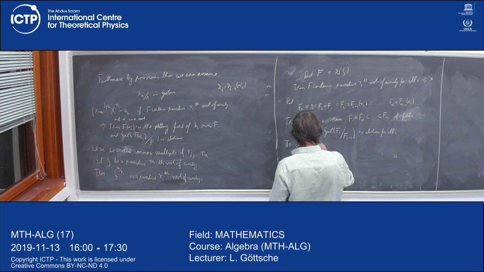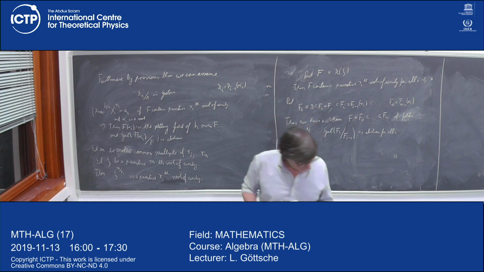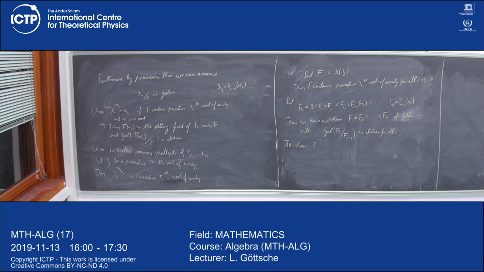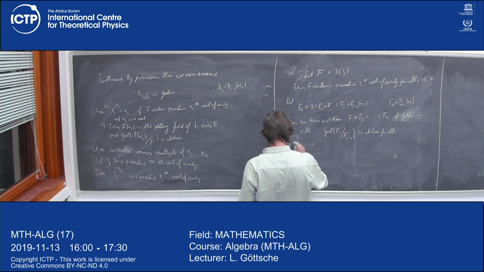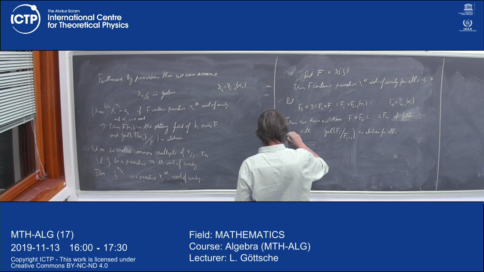Well, maybe I will just want to show. We want to show that if we look at this statement, we can look at the chain. So this is the first step to show.